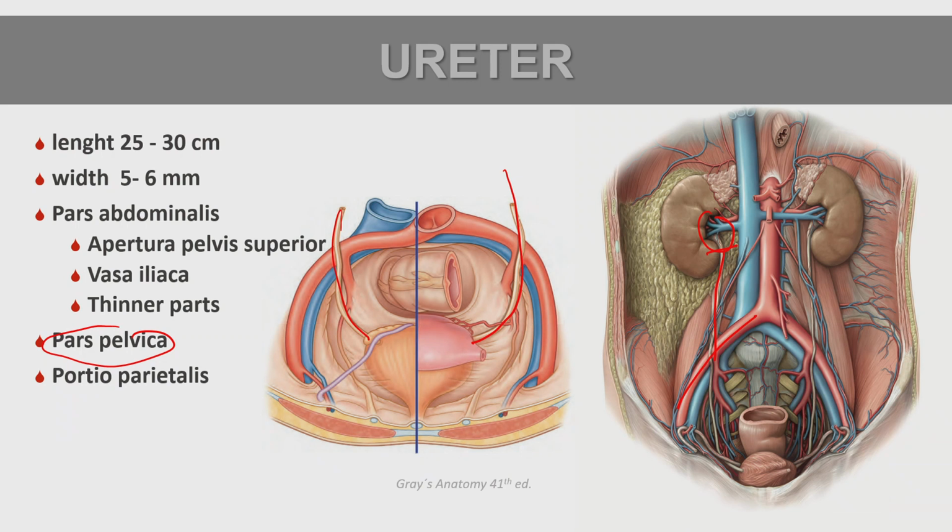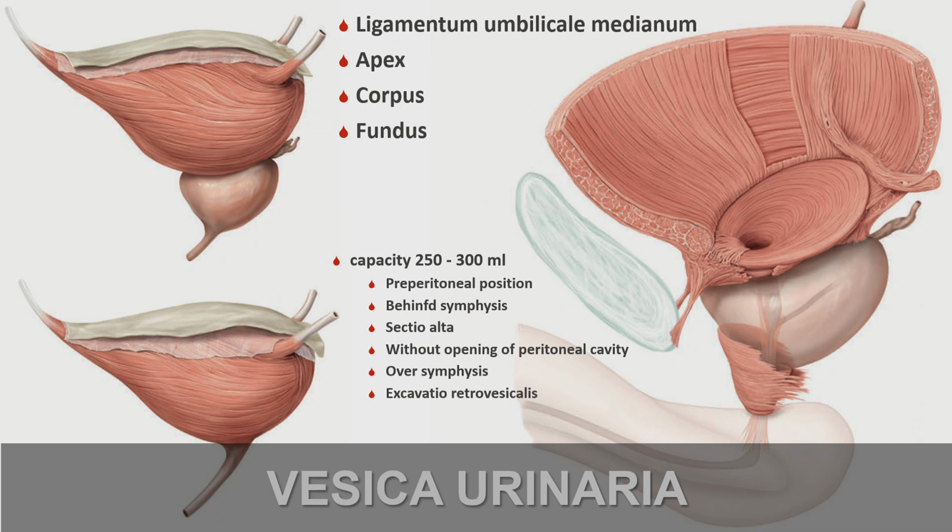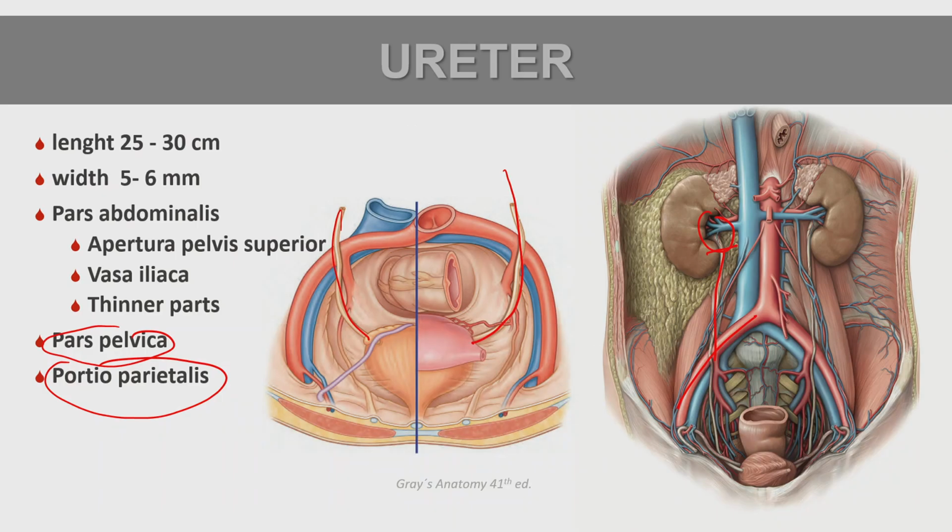And the urinary bladder contains the portio parietalis, the intramural part. The muscular layer in the ureter outside is circular and inside is longitudinal.